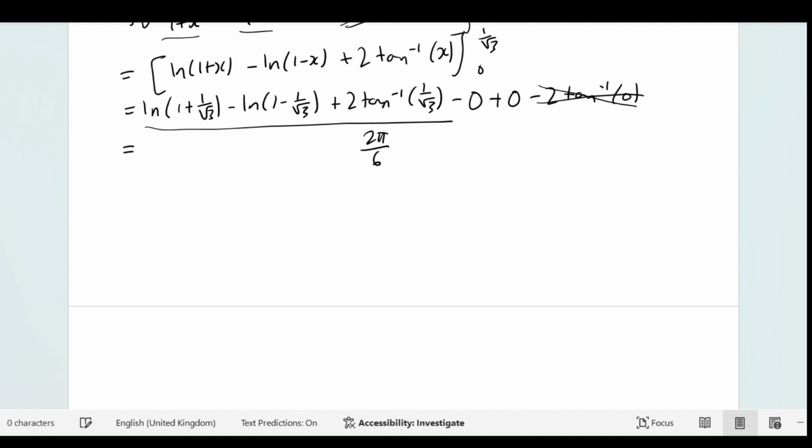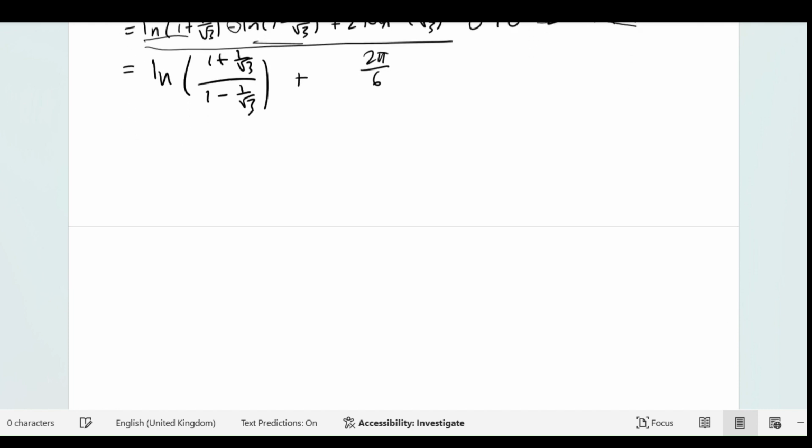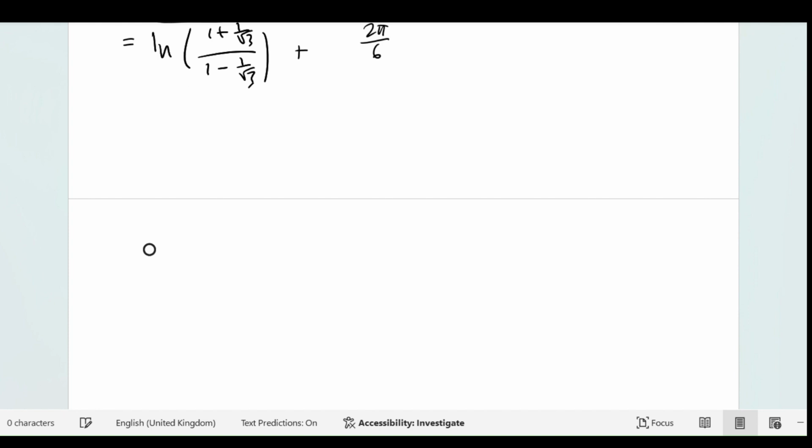Now for these two terms here, I'm going to use my log laws, and I know that if I have a negative, this means divide. So this can be rearranged as ln of (1 plus 1 over root 3) all over (1 minus 1 over root 3), and I'm going to put a plus sign there. Now I'm going to have a common denominator, getting rid of these two fractions and putting everything over root 3.